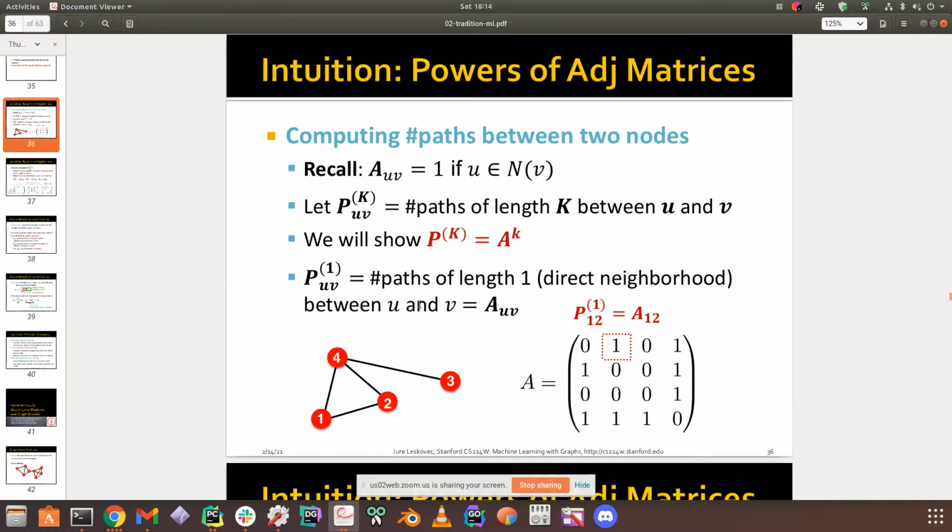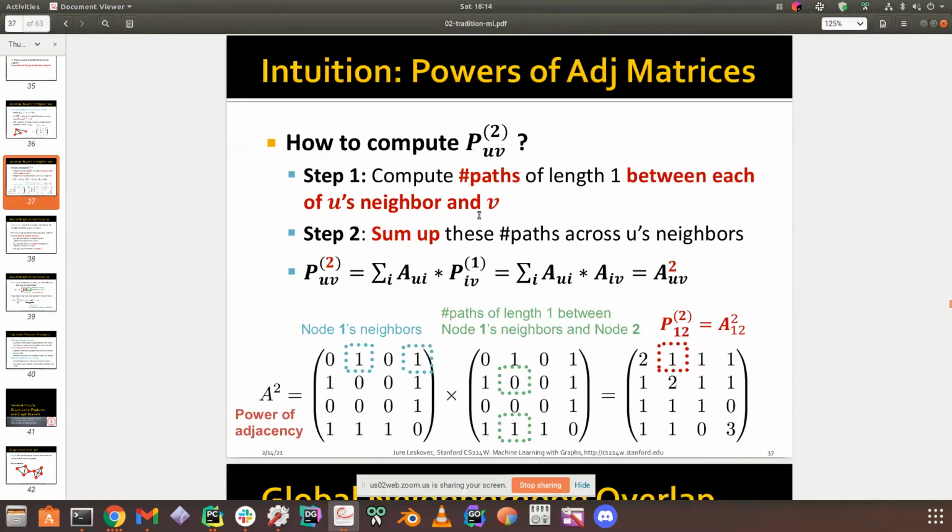And if you start from, let's say, 1 and 2, then you have one path of length 1 and one path of length 2, and so on.